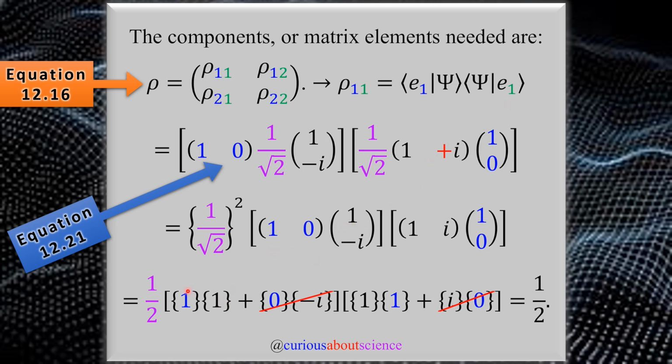So 1 times 1 is our term here, 0 times -i is our term here, 1 times 1 here, i times 0 here. Pretty easy. We see that the square and the square root destroy each other. 1 squared is just itself, so we're good. Now we're left with 1 here and 1 here, so you multiply 1 times 1/2, you get 1/2. That's pretty simple. That's all we have to do.